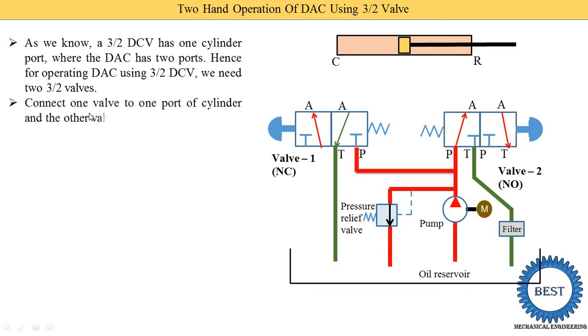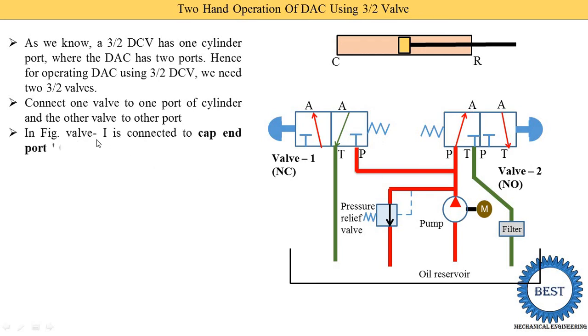Now connect one valve to one port of the cylinder and the other valve to the other port. Here we give the name A to the outlet of directional control valve 1, and here we also give the name A. Now we connect the cap end port with this A port of valve 1 and the rod end port is connected with port A of valve 2.